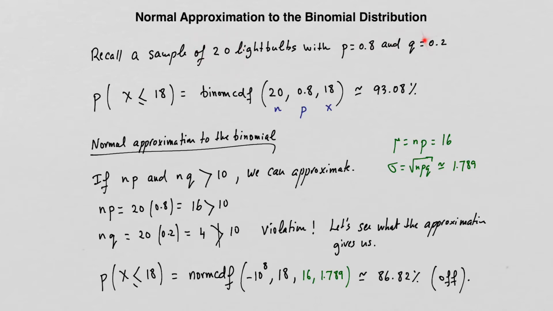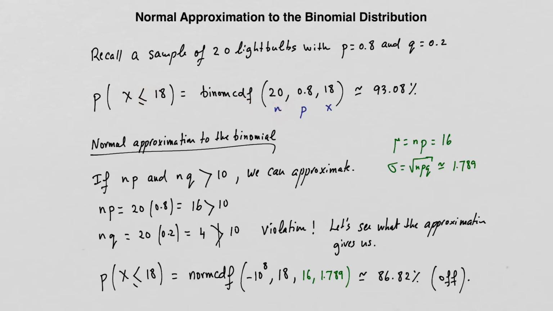And one of the questions we did, if you remember, was what's the probability that at most 18 light bulbs are non-defective, they're good. What's the chance out of this 20? What's the chance that 18 or less, maybe 17, maybe 0, maybe 1, but no more than 18 are non-defective? I choose to use binomial CDF because I already have less or equal. And remember, the binomial CDF loves less or equal.